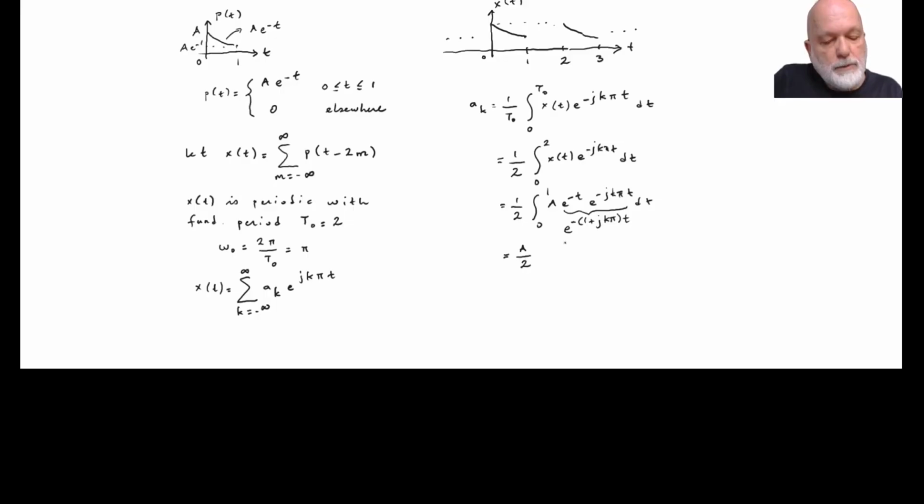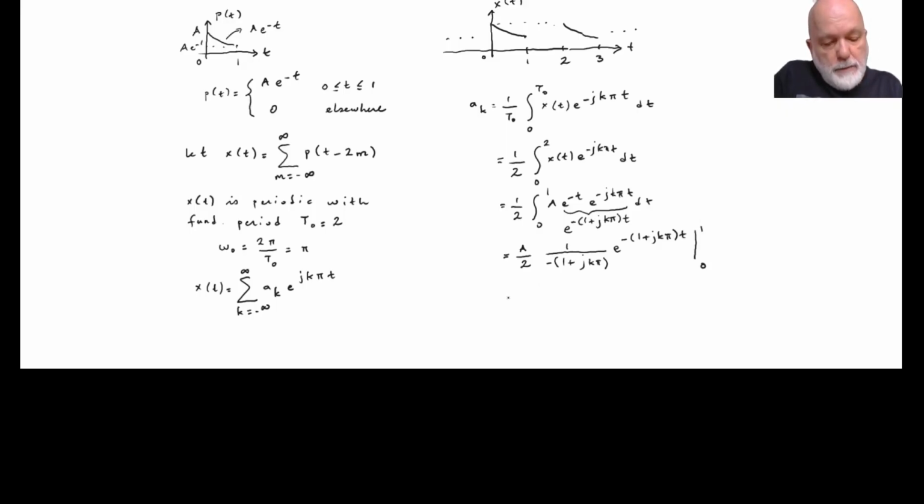We have a over 2, times 1 over minus (1 plus j k pi), times e to the minus (1 plus j k pi) t, evaluated at integration limits 0 and 1.